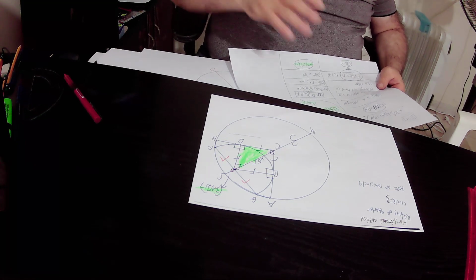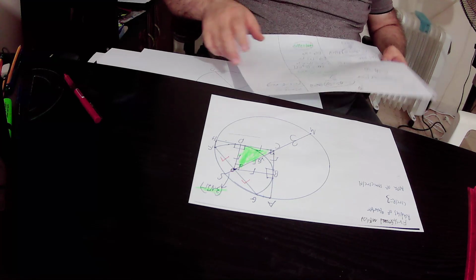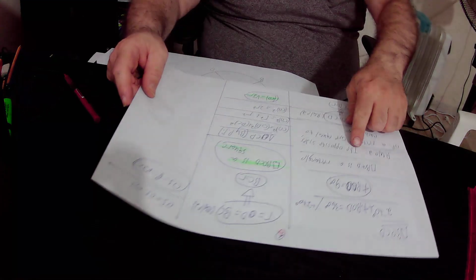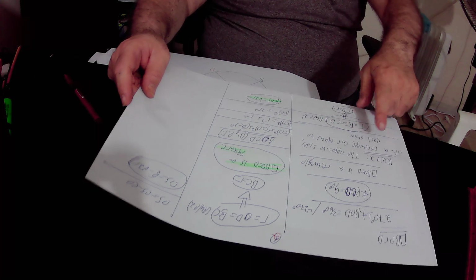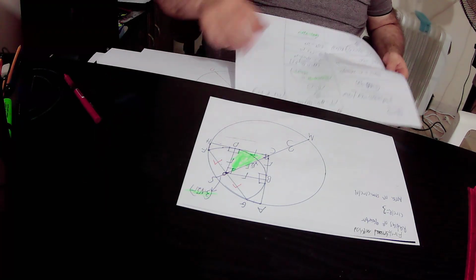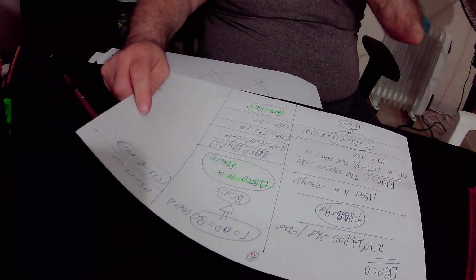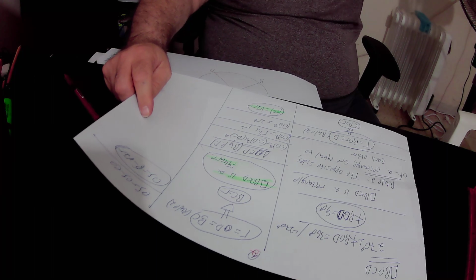And any quadrilateral that has 4 right angles must be at least a rectangle if not a square. So quadrilateral BOCD is a rectangle because it has 4 right angles.